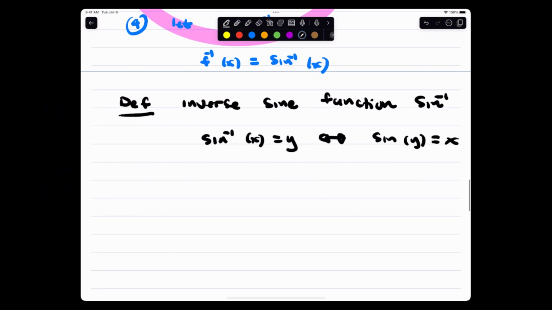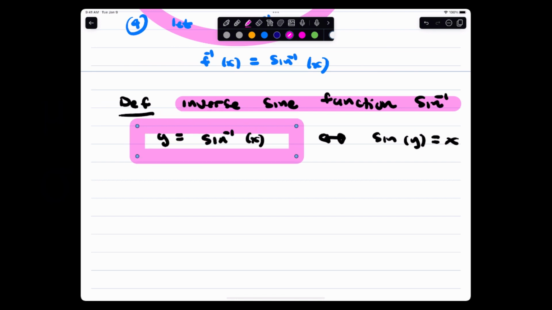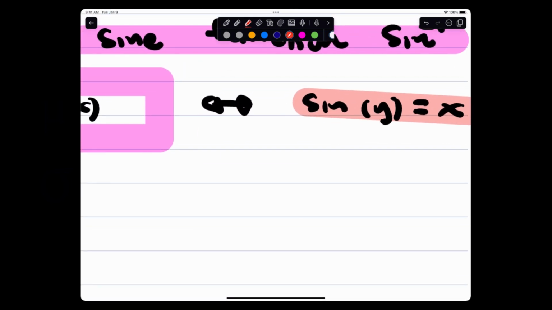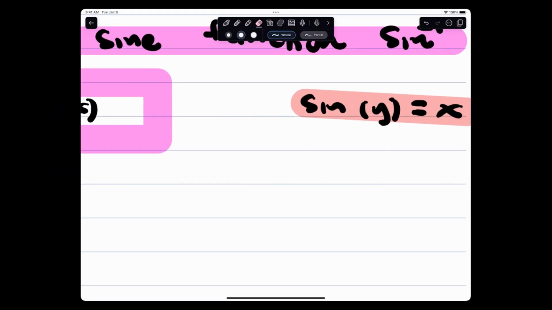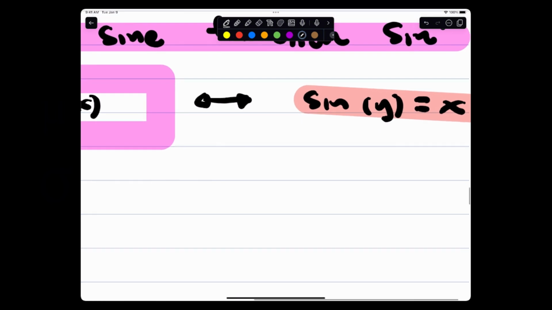I actually rather write it this way, okay? Y is equal to inverse sine x. And this is where they get the definition of inverse sine. But this is the key over here. Okay, this is the key. Do you guys happen to know what this symbol is? The double arrows? I'm going to do it a little bit better. This comes from geometry. That means equivalent to.